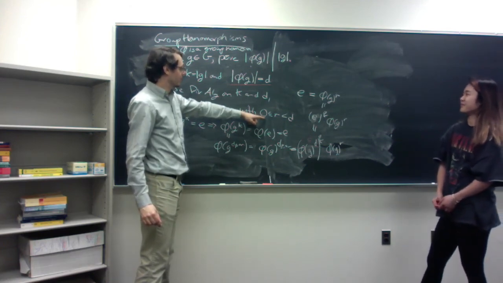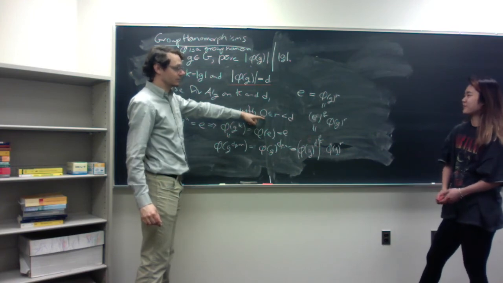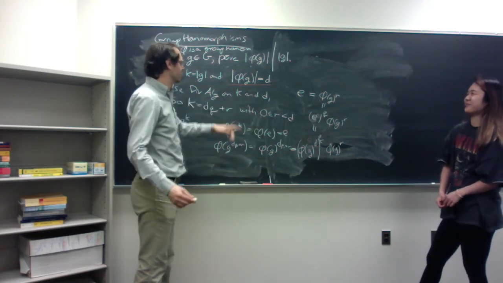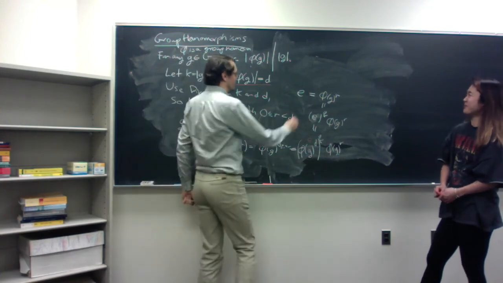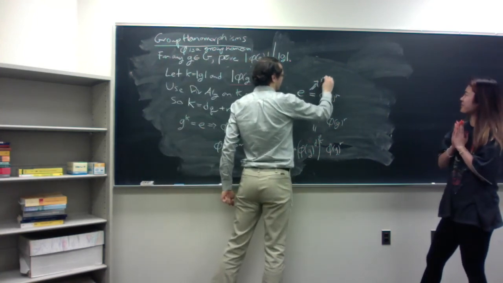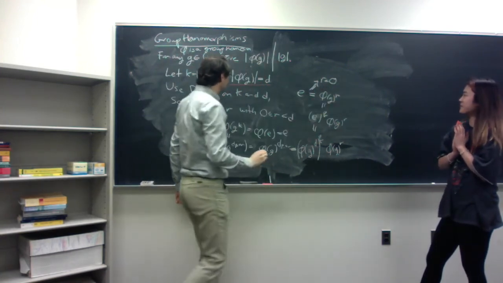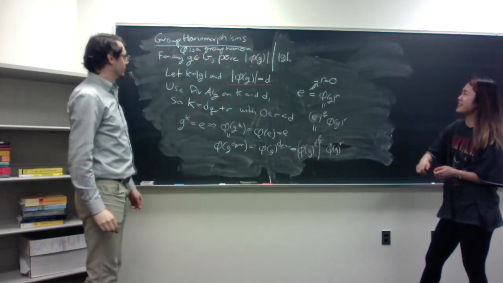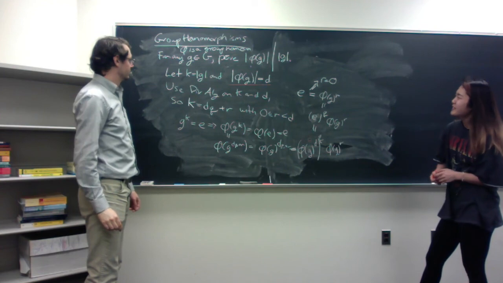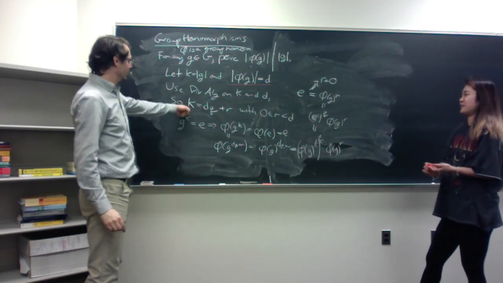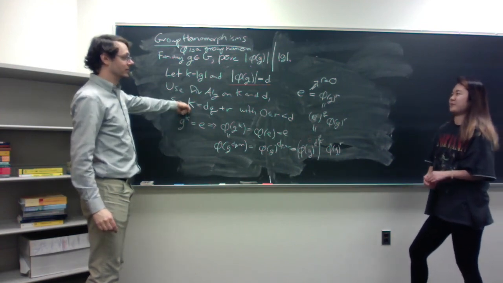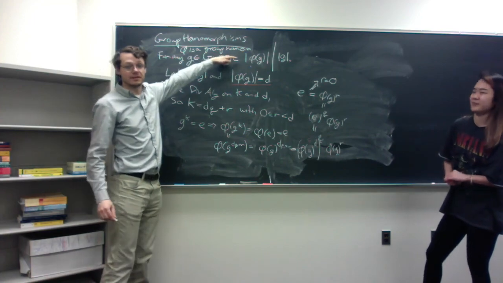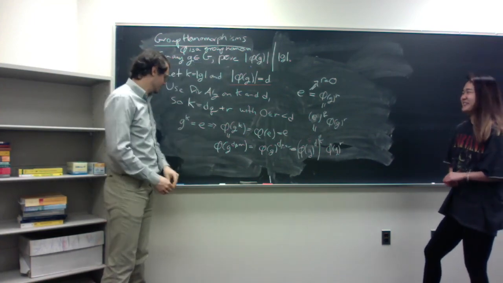Well, that can only be the case if R is 0. Otherwise, D wouldn't have been the order of the element. So R equals 0, which means D should divide K. When I did this division algorithm, there was no remainder, so they must have divided like that.